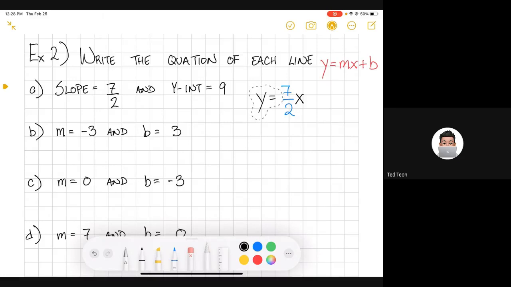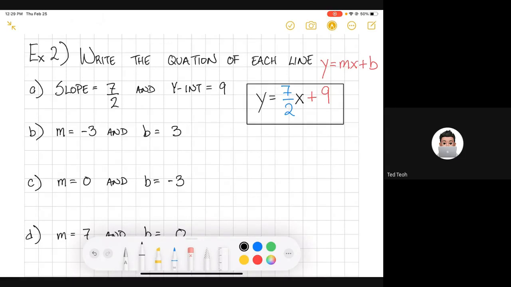And then the y-intercept is positive 9, so I'm going to write plus 9. Now, if it's a negative 9, I just write minus 9. And that's the answer to my question. y equals 7 over 2x plus 9.